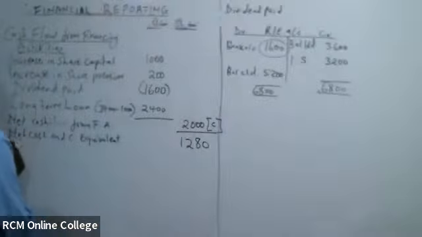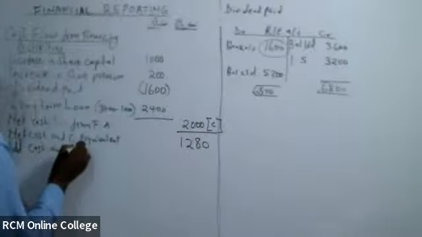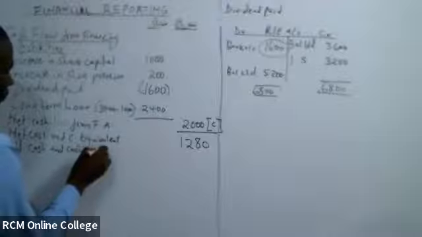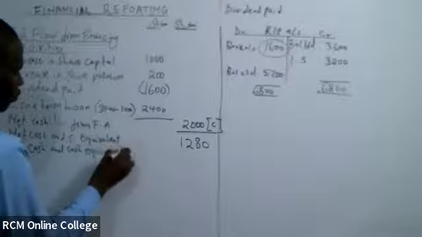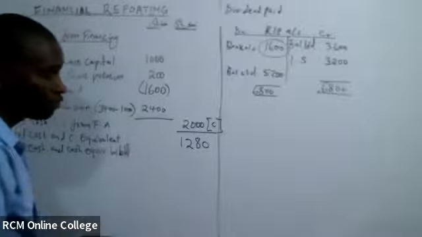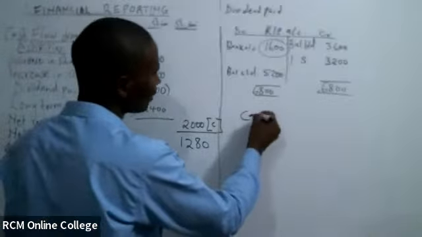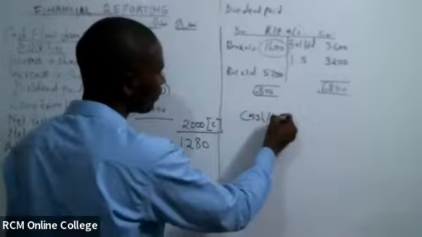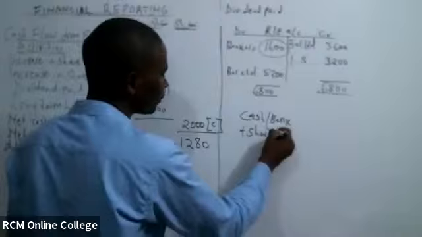And then you add cash and cash equivalent, balance brought down. That is for the previous year. I gave you the format of how you get that. You take cash or bank, then you add the short-term investment.